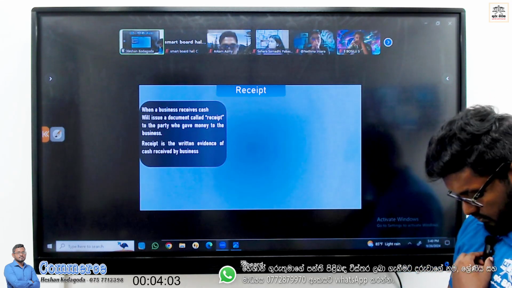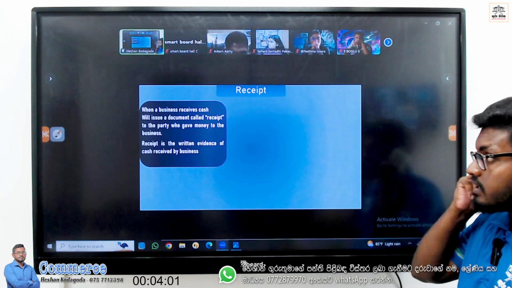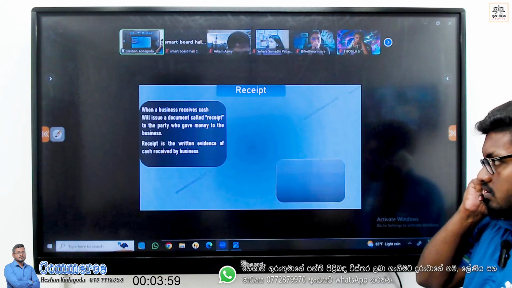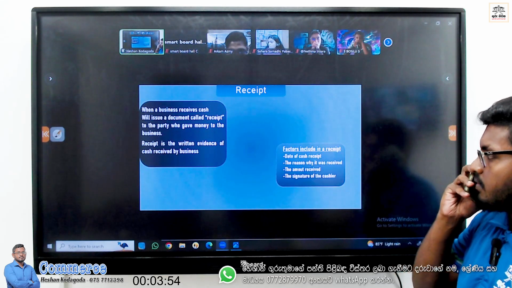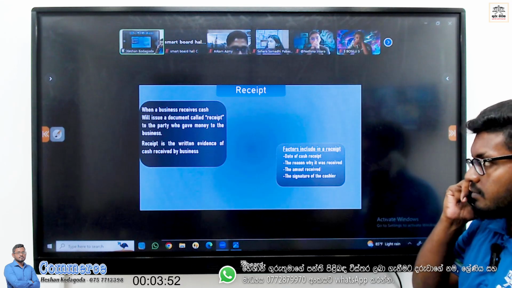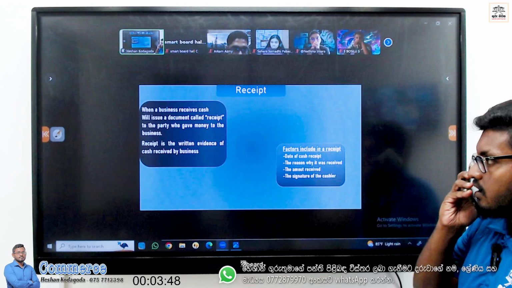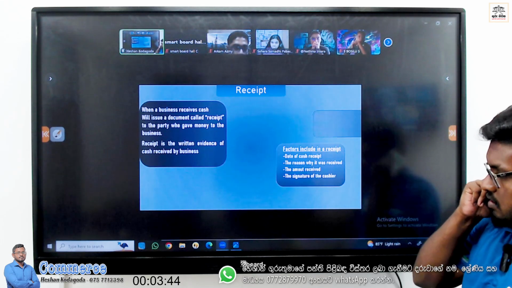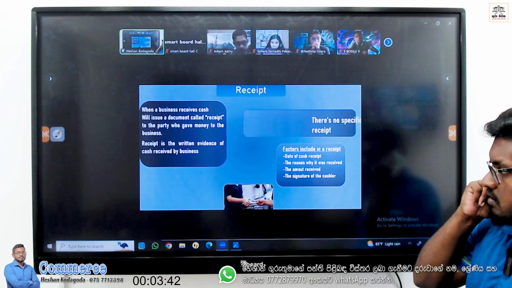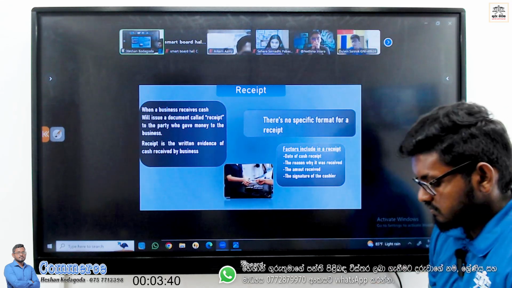A receipt is the written evidence of cash received by the business. There are some factors included in a receipt: date of cash receipt, the reason why it was received, the amount received, the signature of the cashier. There's no specific format for a receipt.